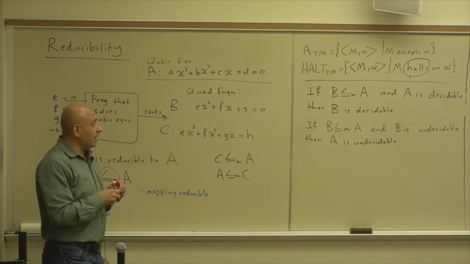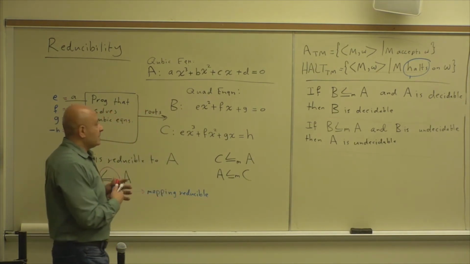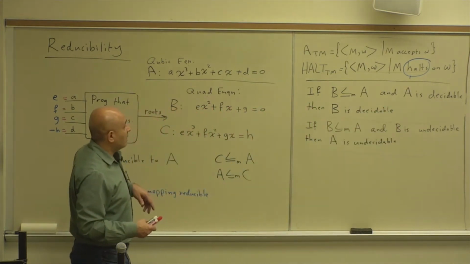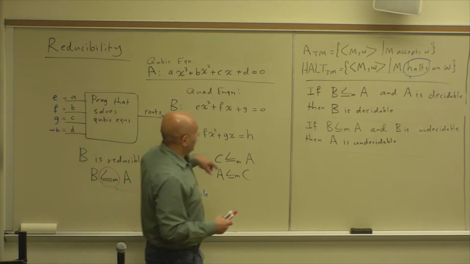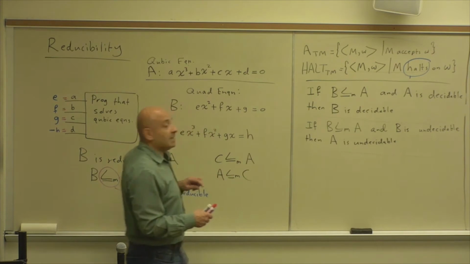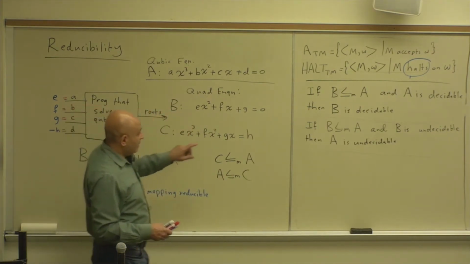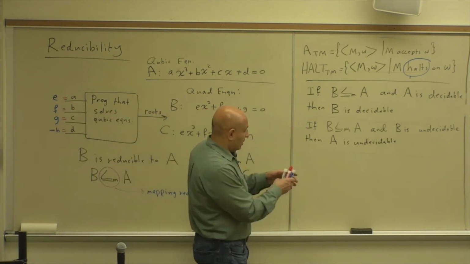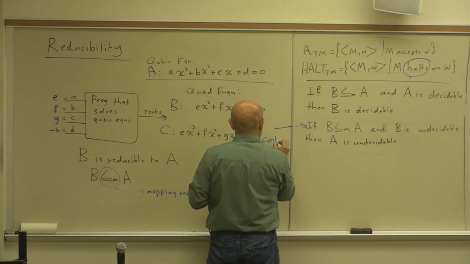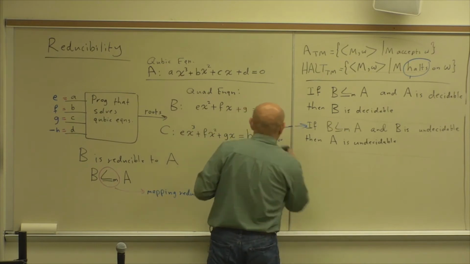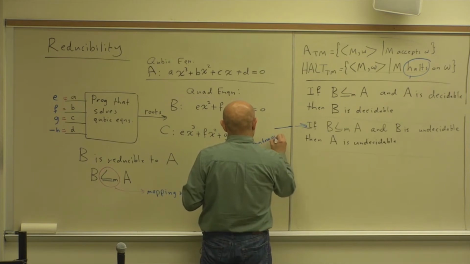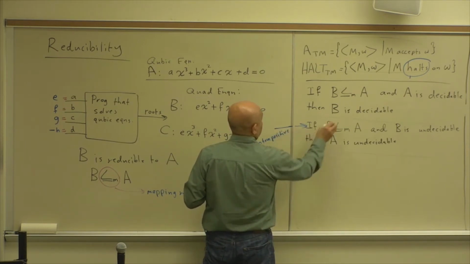Well, there are multiple ways of answering this. First of all, it's the contrapositive of this. Right? So if B is reducible to A and A is decidable, then B is decidable. This is the logical contrapositive of that.